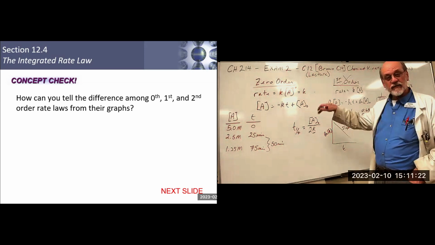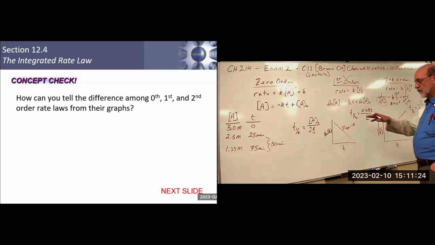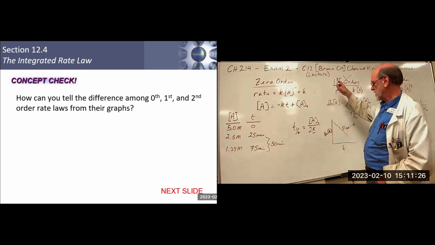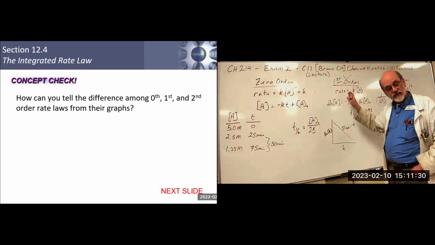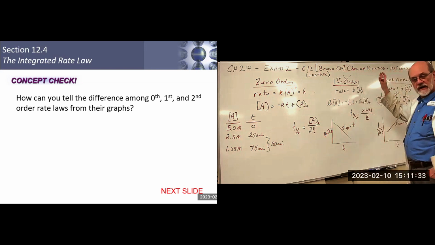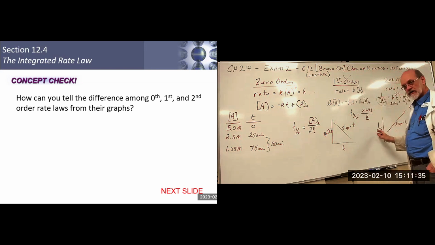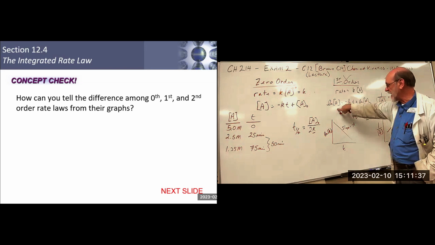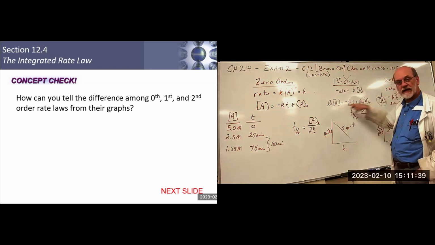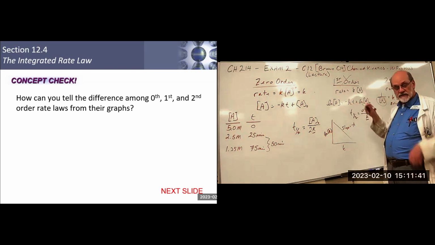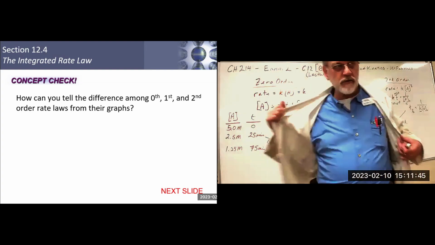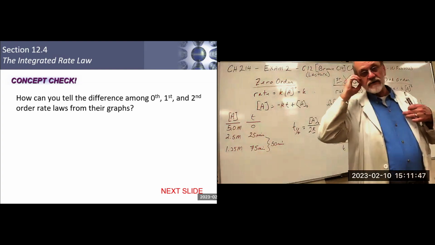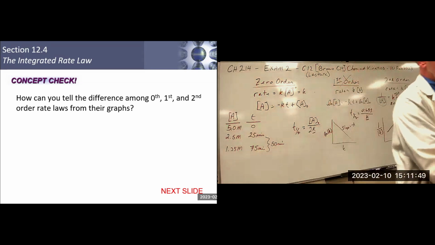Like I said before, you set up your table with time, raw concentrations, natural log of the concentrations, and inverse of the concentrations, and then plot time against each one and see which one is a straight line. If you use Excel to do that, it shouldn't take much time at all.